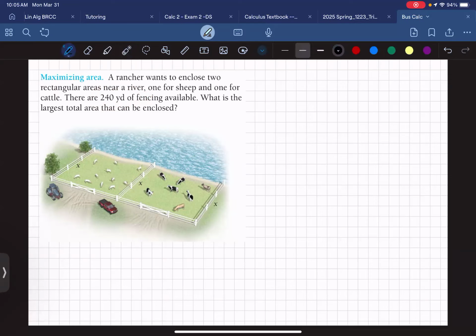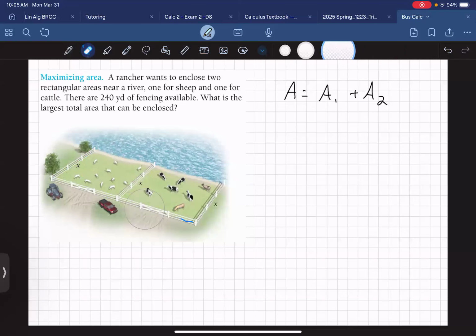So one thing to look at here is that we're going to have 2 areas to keep in mind: area 1 and area 2. Each of these is going to be found by doing length times width for those 2 little rectangles that we have.